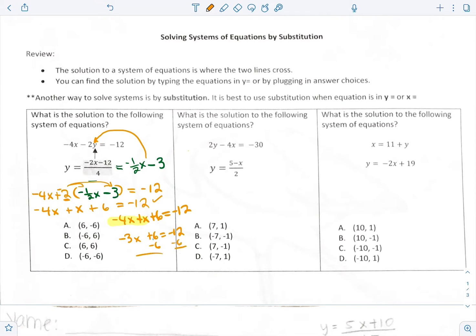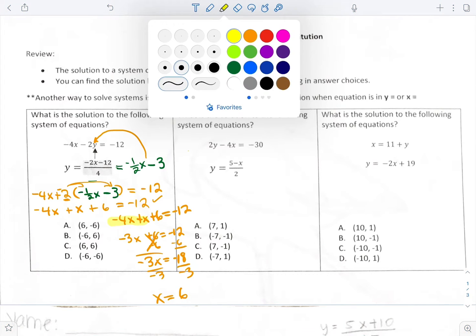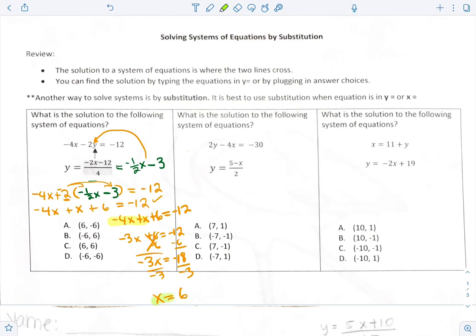Subtract 6 from each side, and what we see is negative 3x is equal to negative 18. Divide by negative 3, and our x is 6. Seeing that x is 6 should help us note what we can eliminate.